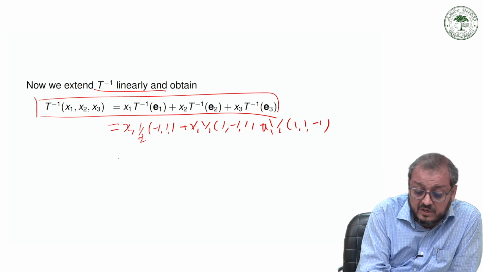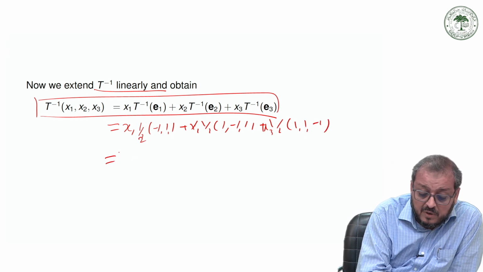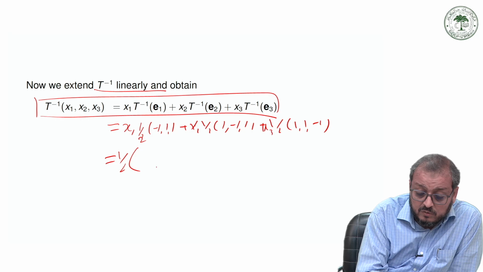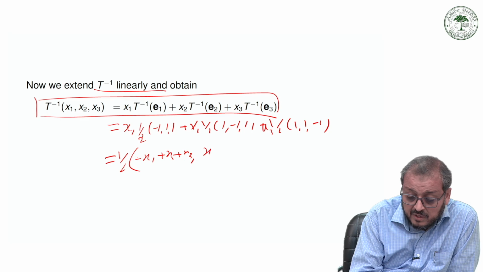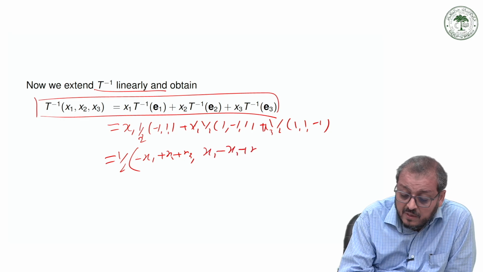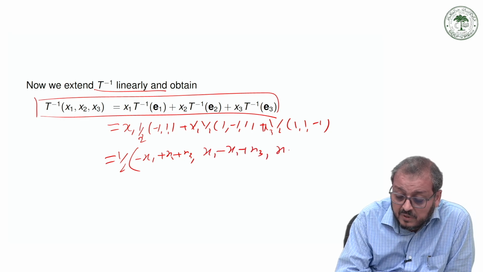Then 1 by 2 can come outside. So we have minus x1 plus x2 plus x3, then x1 minus x2 plus x3, and then x1 plus x2 minus x3.